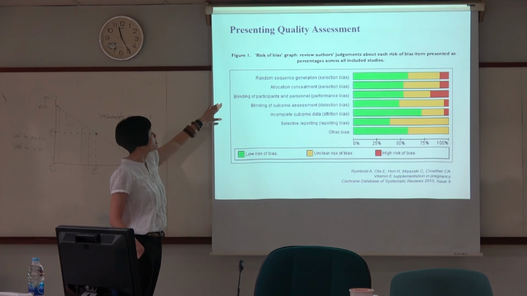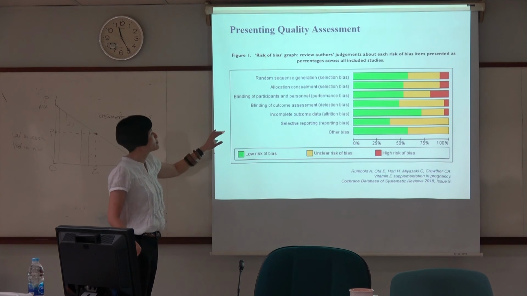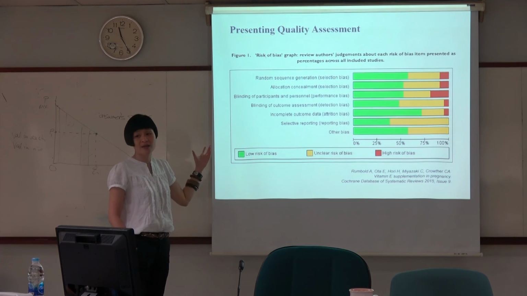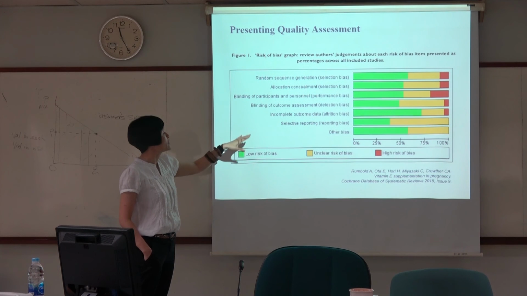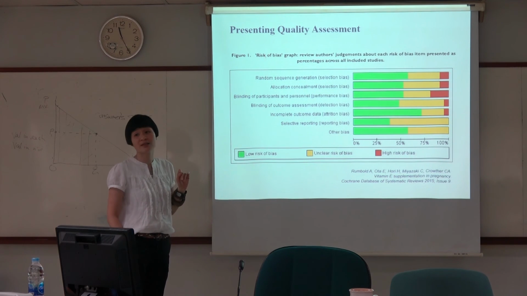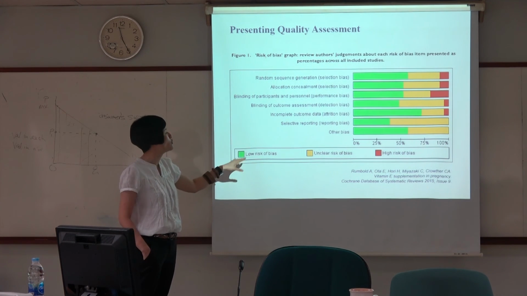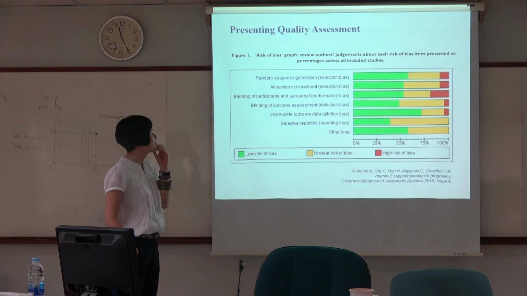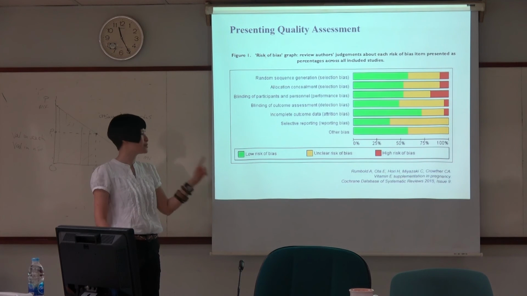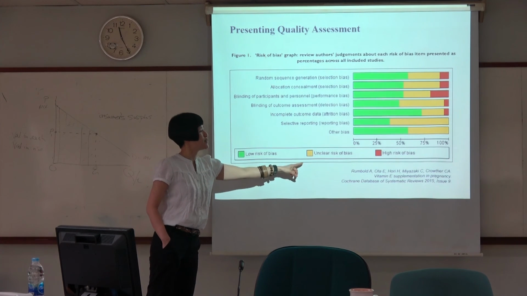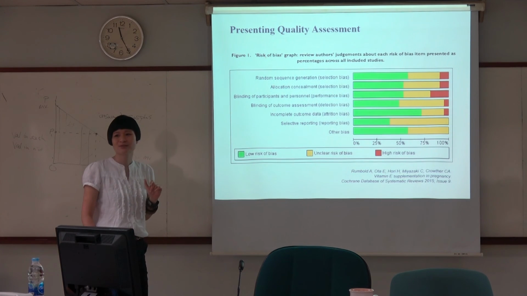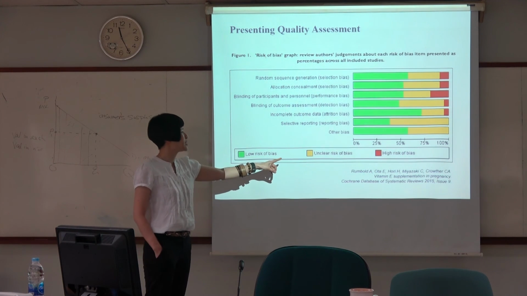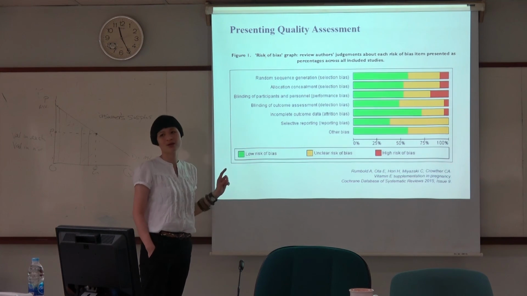The most relates to blinding. These studies that they have in this review did very well on reporting, very little, low or unclear risk of bias in selective reporting and so on. But the problem here is there's a large area of unclear risk of bias. So unclear risk of bias does not mean one way or the other.